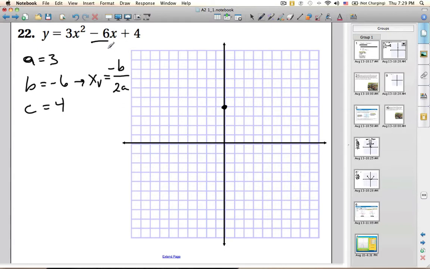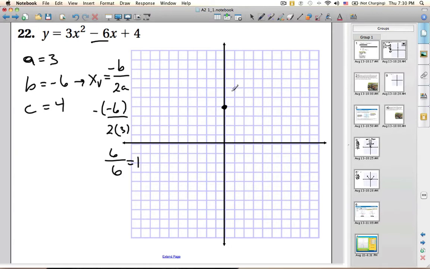So the opposite of -6 is 6, over 2 times 3, which is 6, so it will be equal to 1.